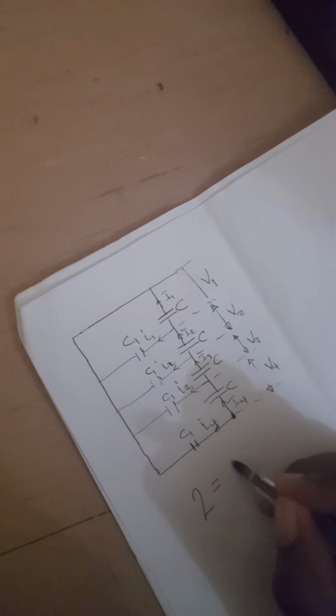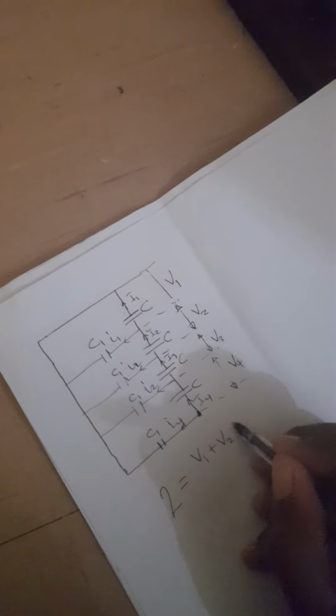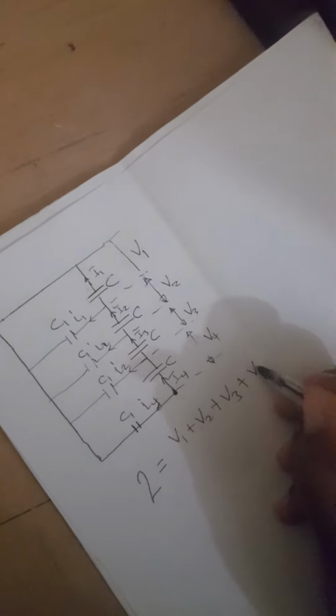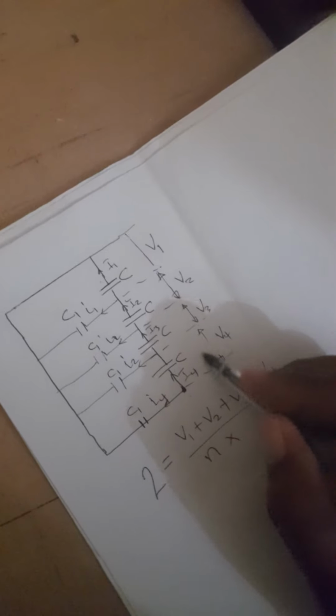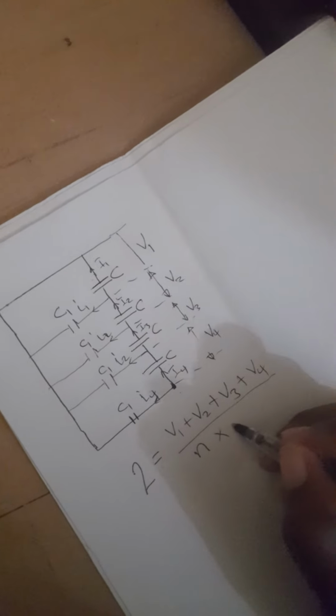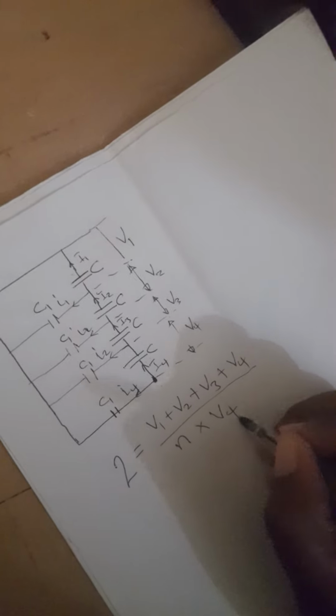That efficiency is the total voltage, V1 plus V2 plus V3 plus V4, divided by the number of insulators N times the lowermost voltage, the voltage close to the conductor, that's V4. So our duty is to find the values of these voltages in accordance with the capacitances and the currents.